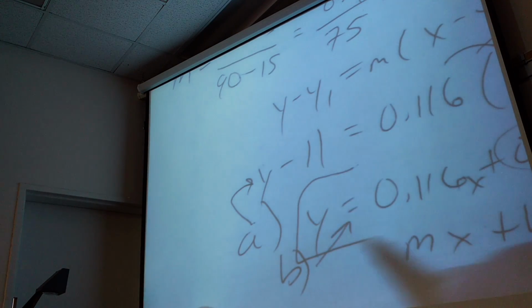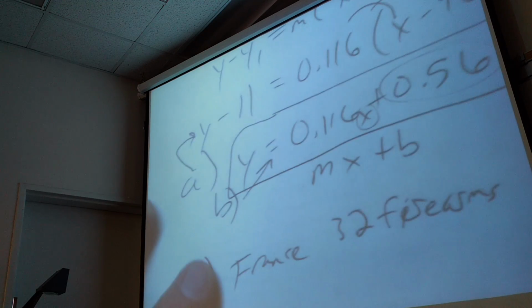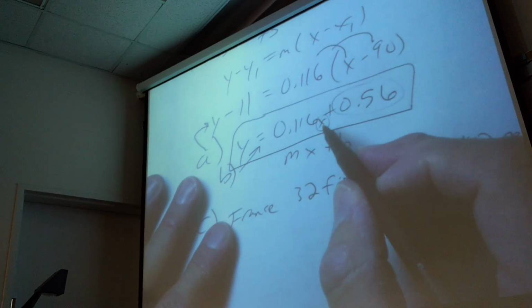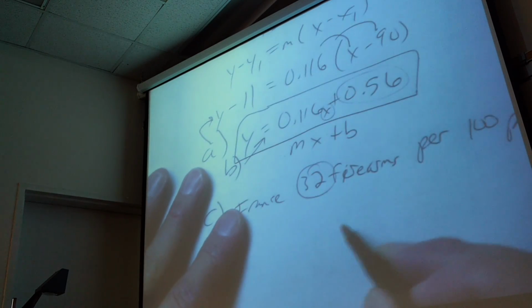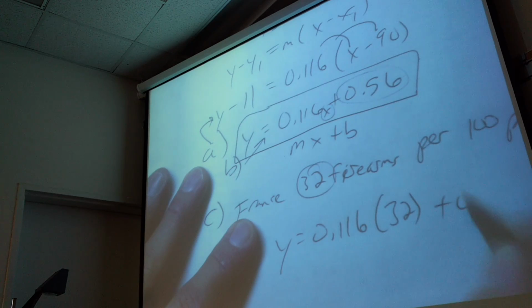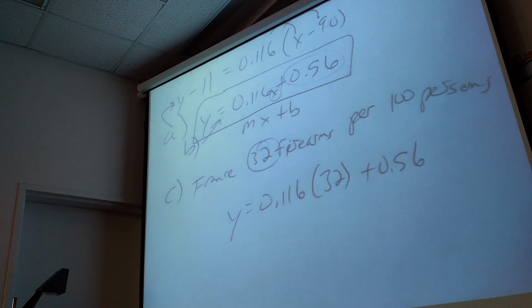So how could I use this function? What am I going to put in place of x? I'm going to put 32 in place of x. And I'm going to see it should come out to be close to 5. It's not going to be perfect because the points don't all line up perfectly on the line, but the line is just an estimator.